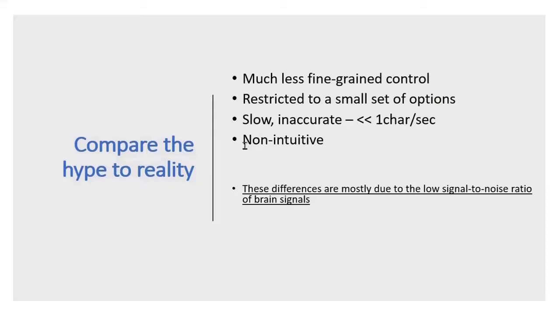And also non-intuitive. So your thinking is not literally being translated into control signals, but you have to develop different thinking strategies so that you can control an external robotic arm using your brain activity. And also we see that the signals that we record from the brain are corrupted by different sources of noise.